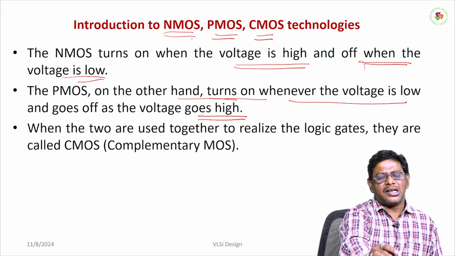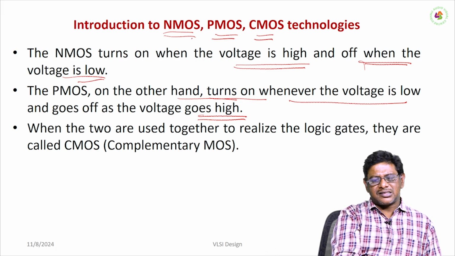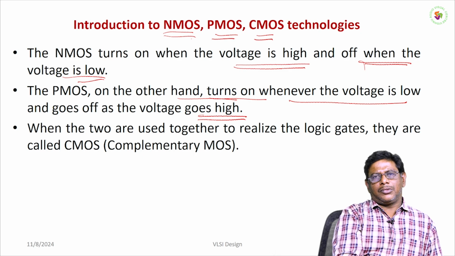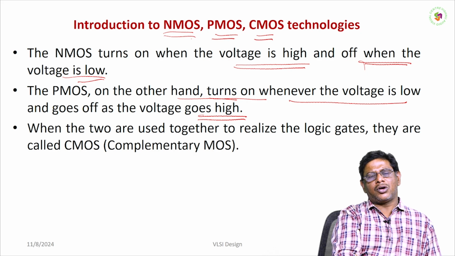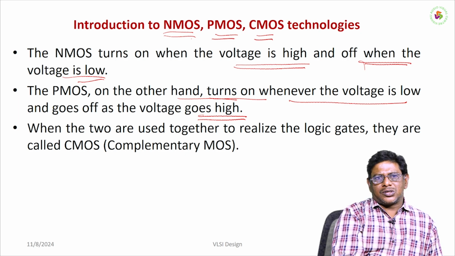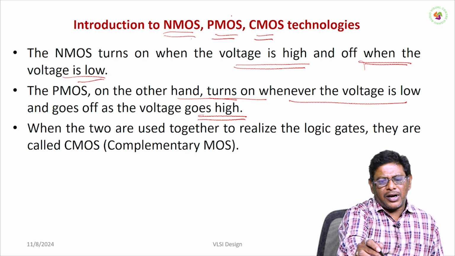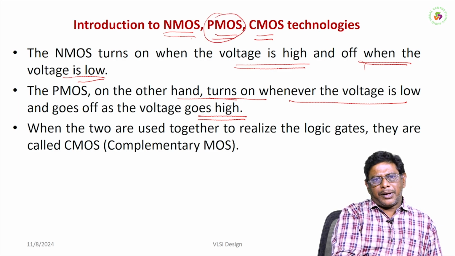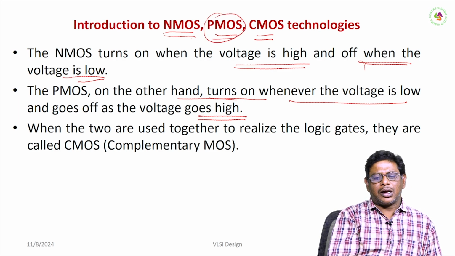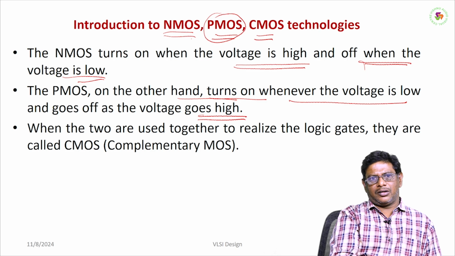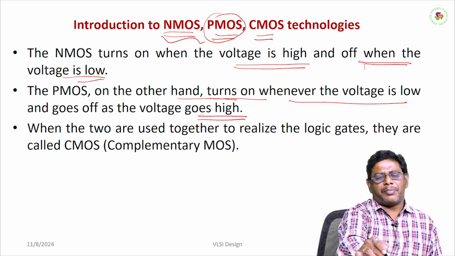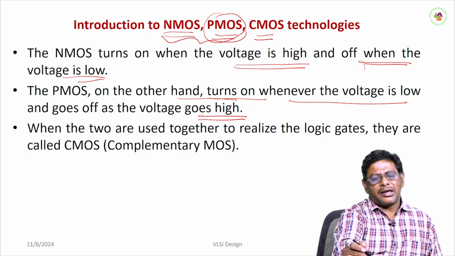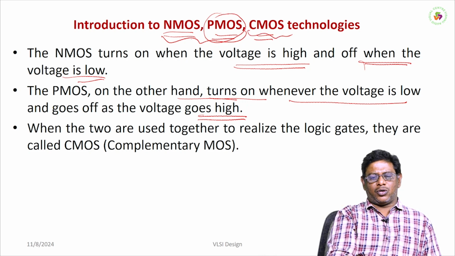So the majority charge carriers in NMOS are electrons, whereas minority charge carriers are holes. As well as for PMOS, the majority charge carriers are holes, and in NMOS, the minority charge carriers are electrons. But the current conduction is due to electrons. So as the number of electrons is low in PMOS, the size of the PMOS is more compared with NMOS design. And considering NMOS and PMOS combined together, we can say it is acting like a CMOS design model.